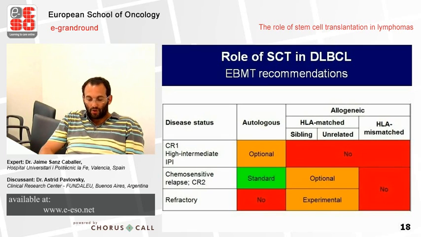The role of autologous transplant as first-line therapy in diffuse large B-cell lymphoma patients with intermediate high or high international prognostic index at diagnosis is still controversial. Autologous transplant is not an option for refractory patients with diffuse large B-cell lymphoma. New and innovative approaches should be sought for these patients.